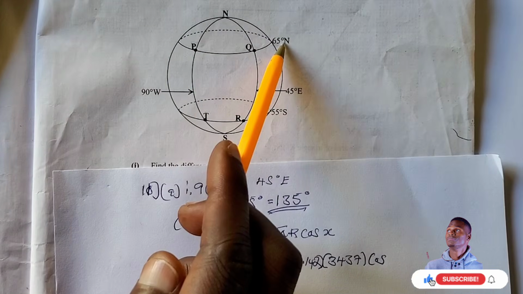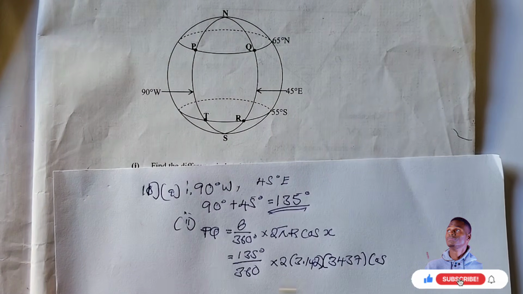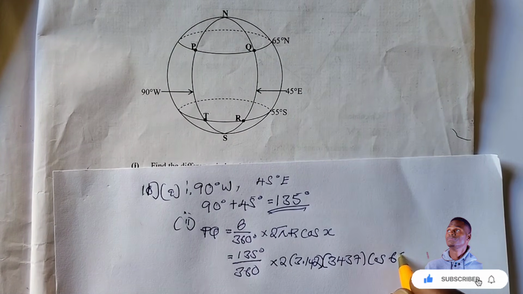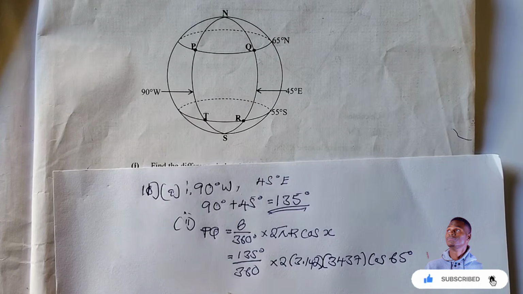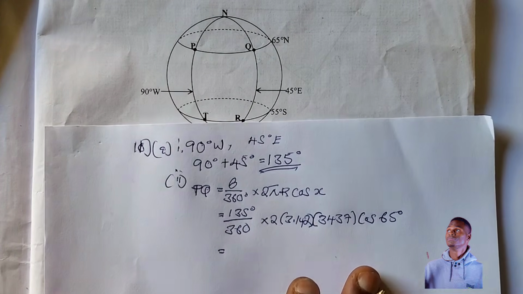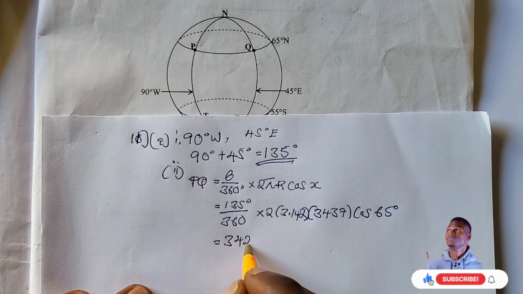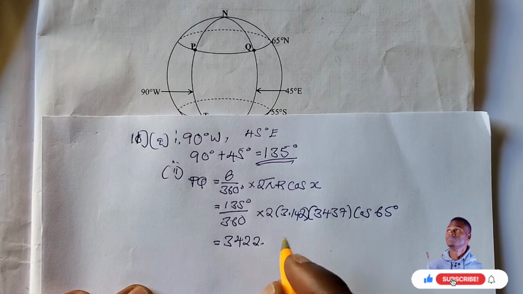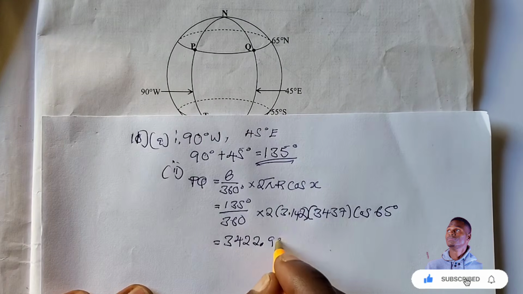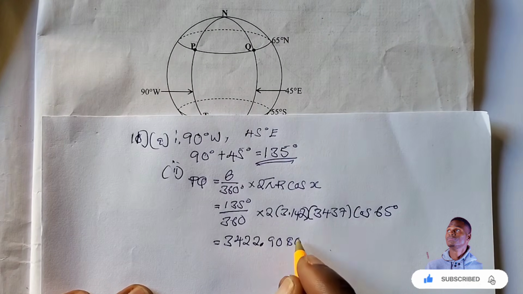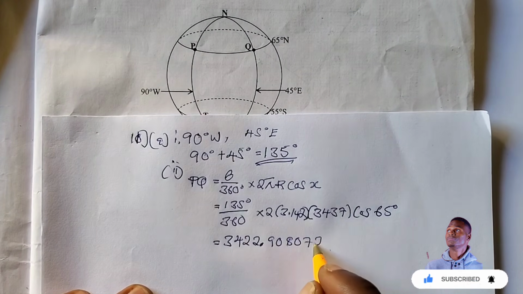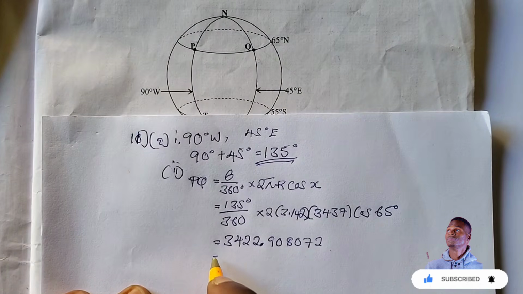P and Q are on latitude 65 degrees. Put everything on the calculator, and the answer is 3420.908072.